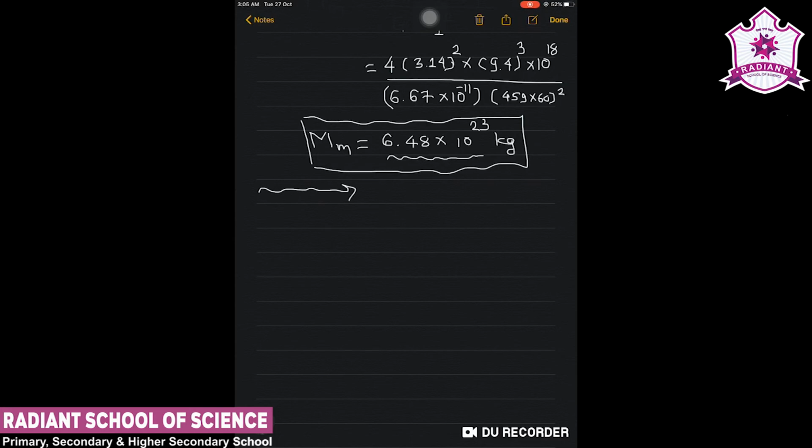The Martian period squared, Tm square, over the Earth's period squared is proportional to RMS cube over RES cube. Here RMS is the Mars-Sun distance, and RES is the Earth-Sun distance.